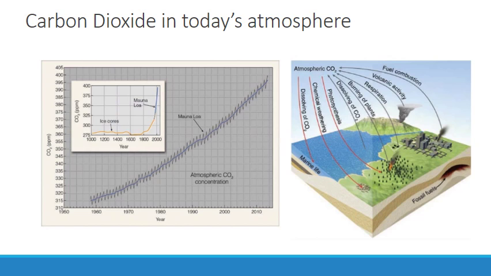Estimates project that by sometime in the second half of the 21st century, carbon dioxide levels will be twice as high as pre-industrial levels. So when we talk about pre-industrial levels, we're talking way back there. So here is 1800, and you can see a small spike, a small increase in this curve here, going back to the early part of the 1800s.